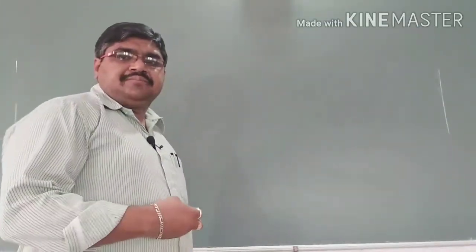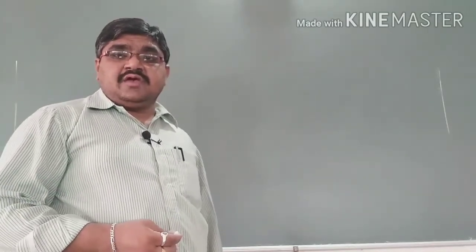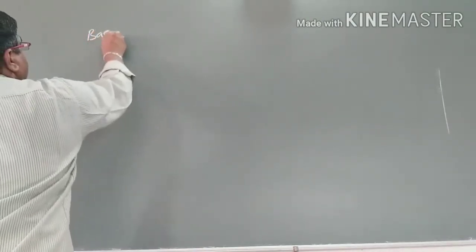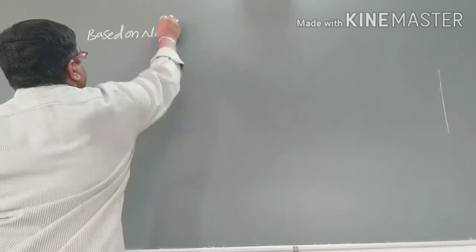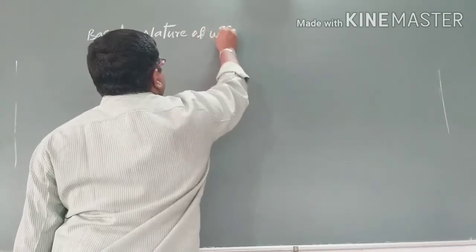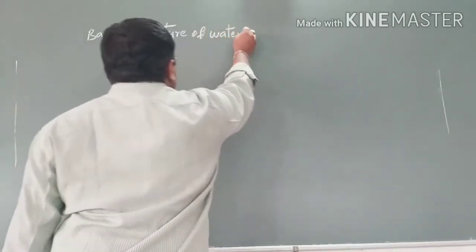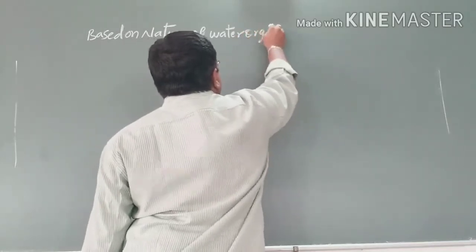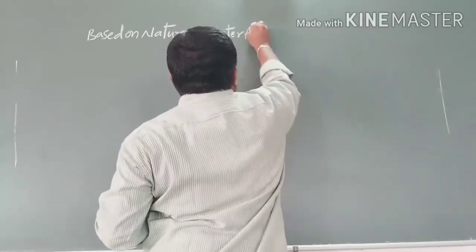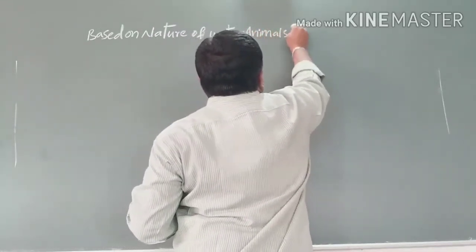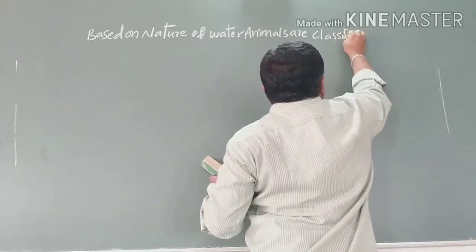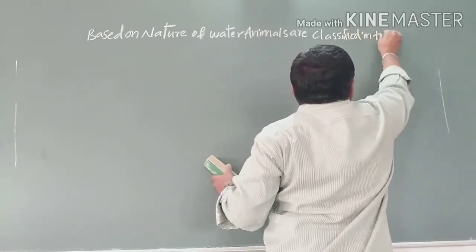Now, coming to the classification based on the nature of the water, the animals are classified into two types.